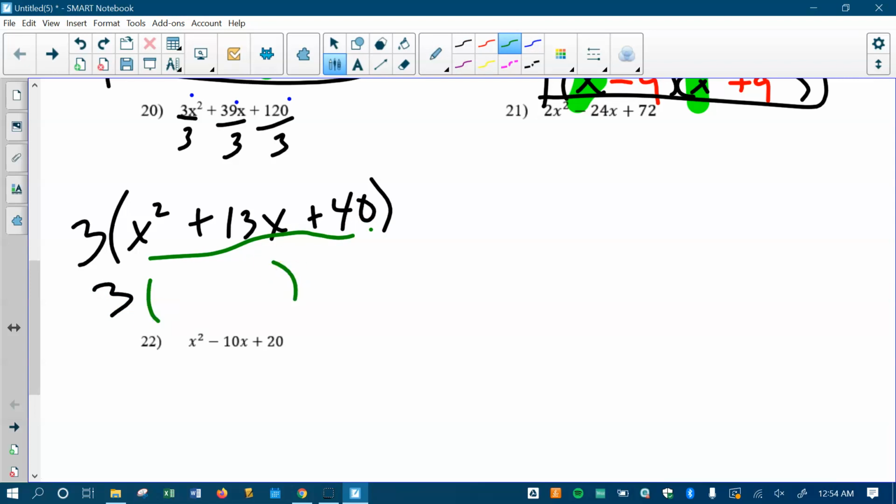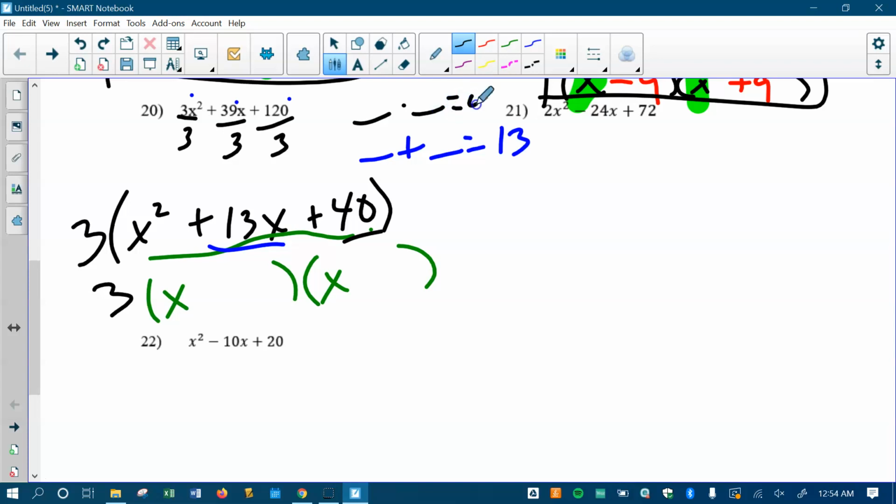So I could do something like this with an x here and an x here. And then I could go ahead and see what plus what equals 13. I could also see what times what equals 40. Same two numbers. If I think about it, I'm thinking 5 and 8.